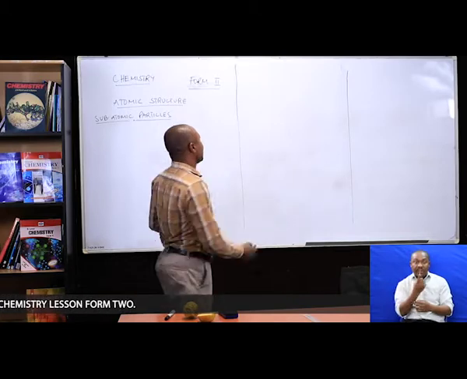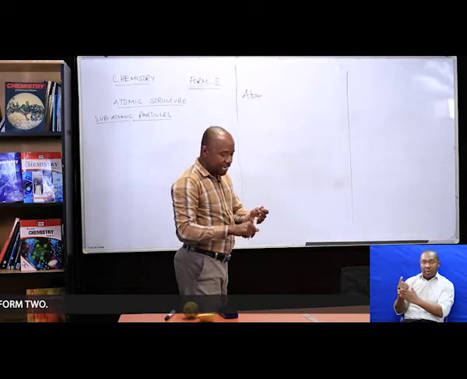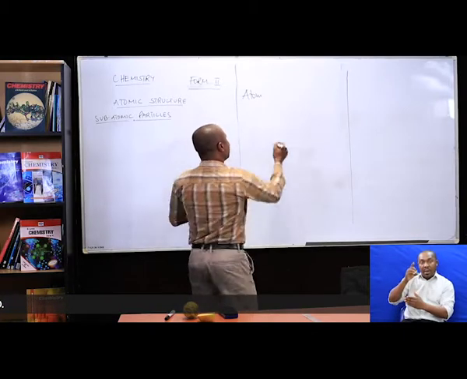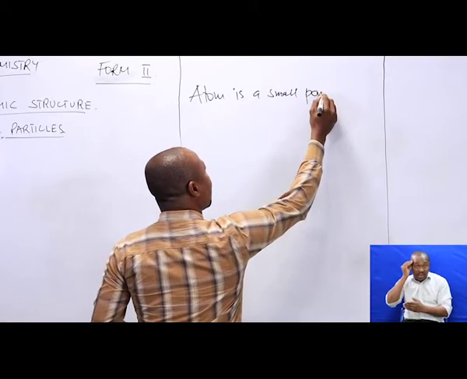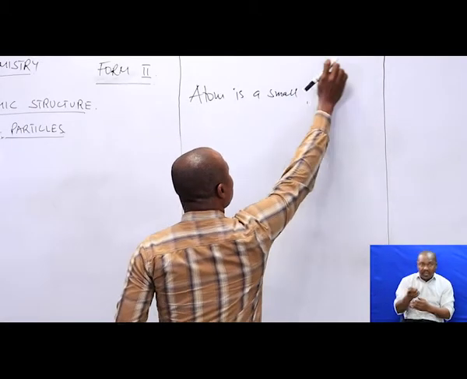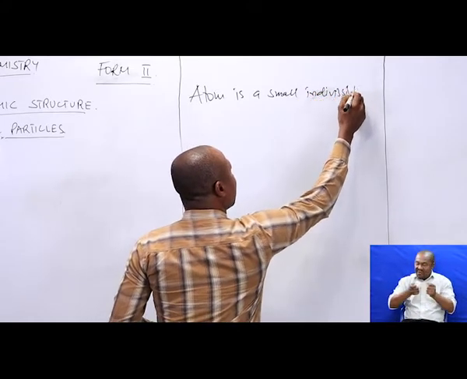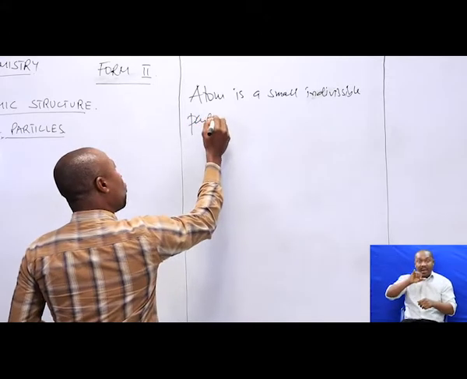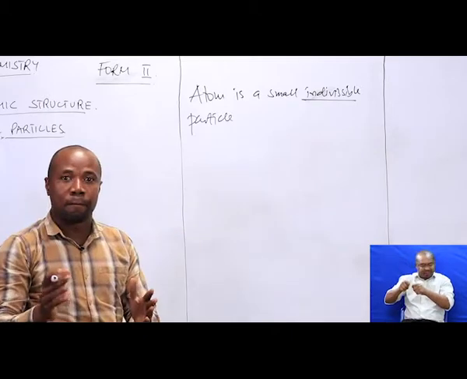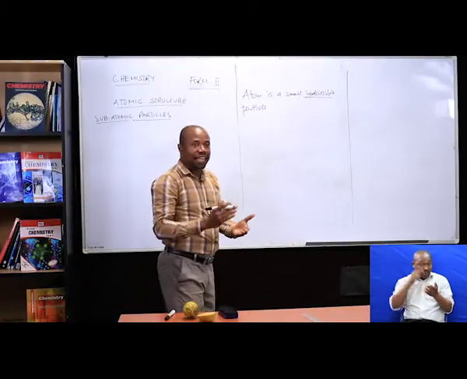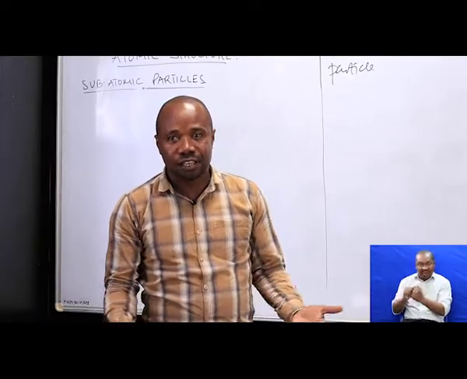Atom, we said that atom, according to Dalton's atomic theory, is a small indivisible particle. What said Dalton is indivisible? That means this atom can never be broken down, as we have seen in a previous lesson.